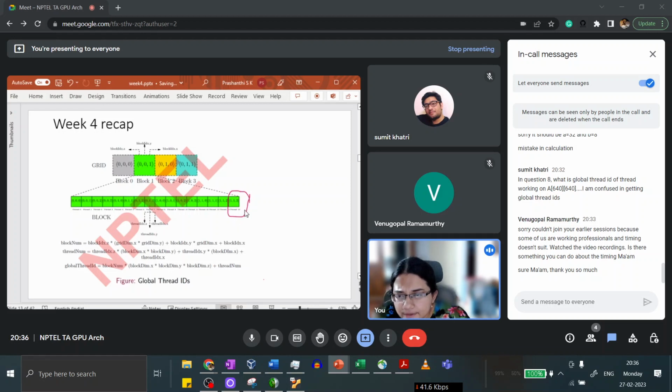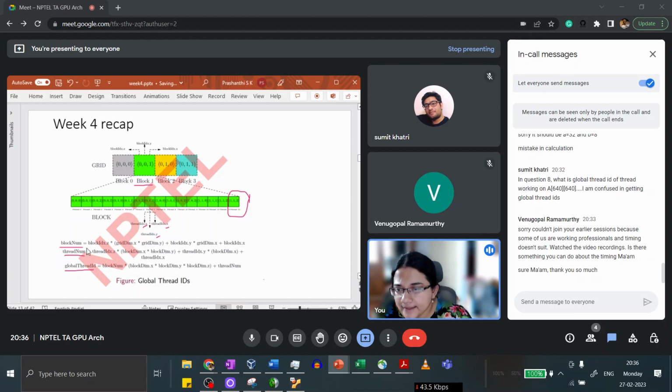So let's take this example, this particular thread. So this thread is in block 1, and its Z, Y and X are 1, 1, 3, right, going by this convention. So now let's try to compute the global thread ID, for which you need the block number and the thread number. So let's start from the beginning, right?